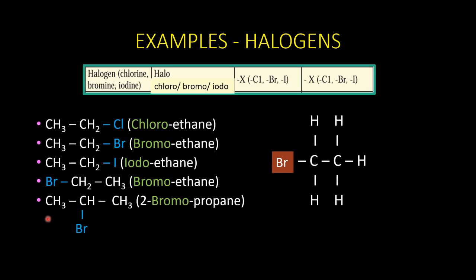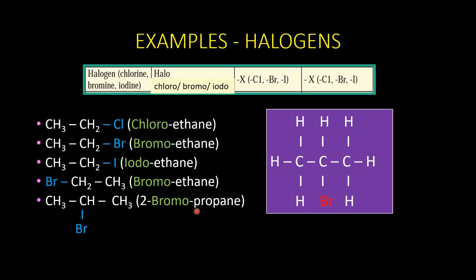Then you are seeing a different structure where bromine is attached to the second carbon atom. So to indicate the location in which the bromine is attached, I have written 2-bromopropane. Propane means 3 carbon. ANE means that it is a saturated hydrocarbon. 2 indicates the carbon with which the bromine group is attached.